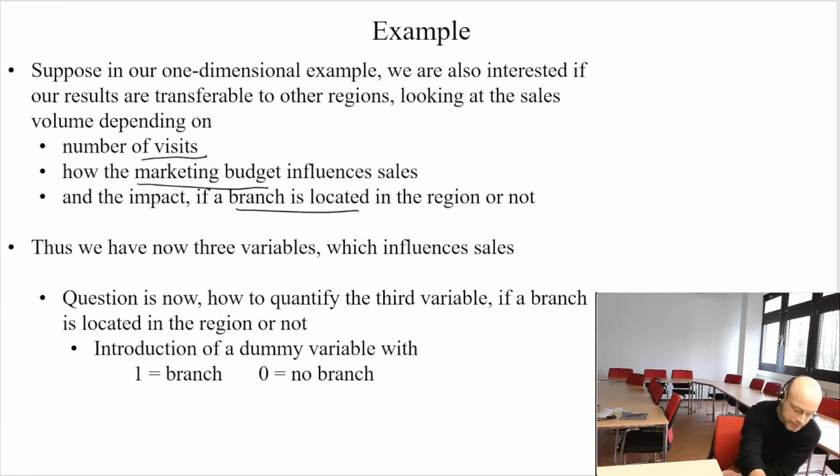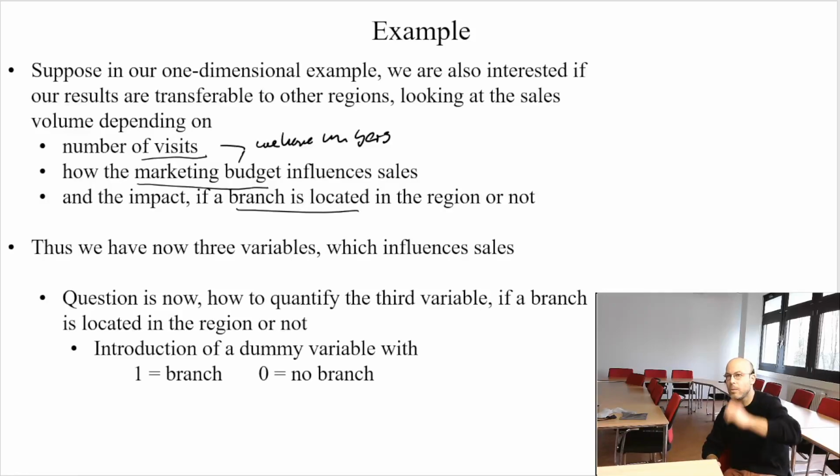Well, for this, of course, we have numbers. So we collect how many visits did we have. And also we can look what was the marketing budget for the last quarter or for the last year, maybe. But how can we quantify the impact of the situation that we have a branch in our region?